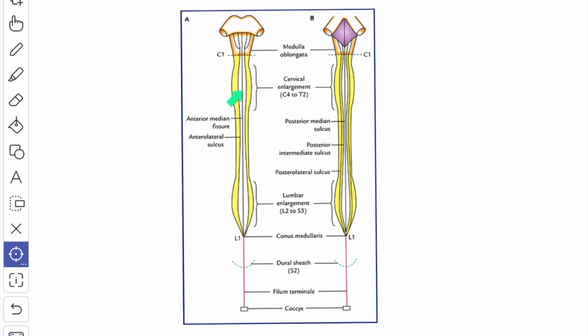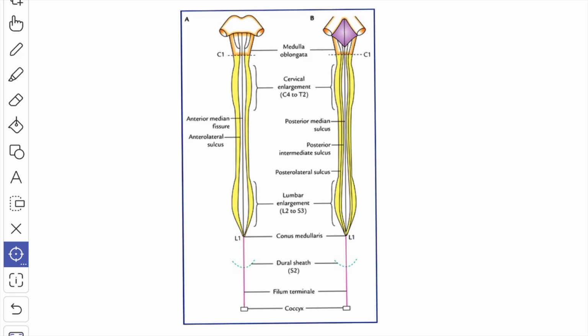So this is fissure and this is sulci. On the posterior aspect, you have the posteromedian sulcus, and then you have two posterolateral sulci and two postero-intermediate sulci.